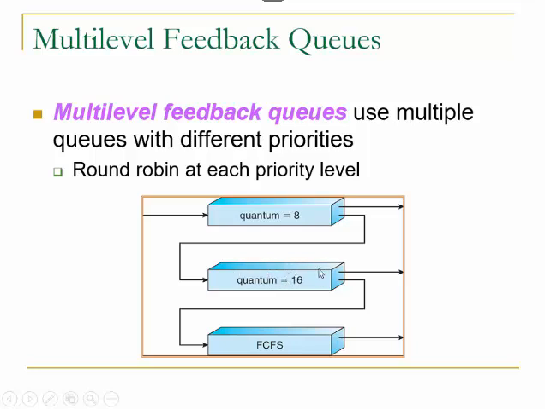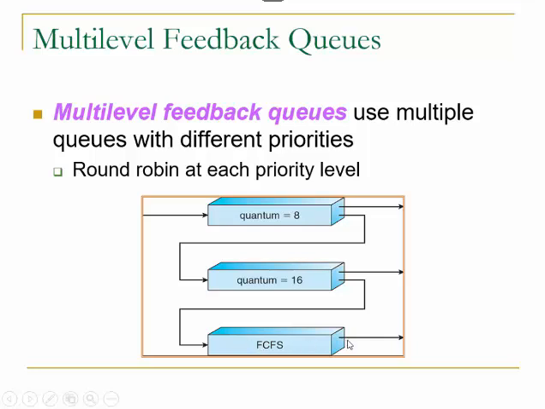Then most of the processes will get executed, as it will take 16 plus 8, a total of 24 units of time. When they are not able to finish, we can feed them back into the lowest level queue, which is first come first serve, so in-order execution is done.